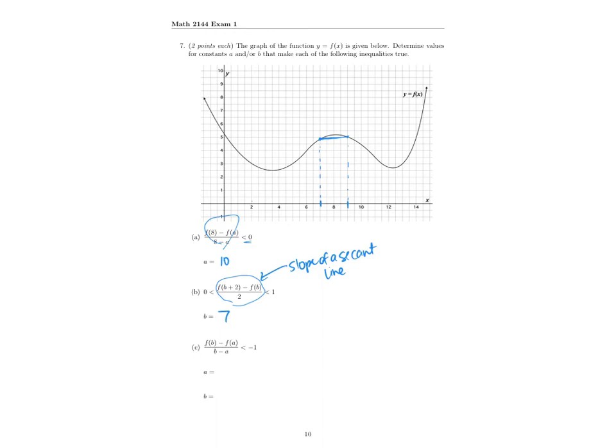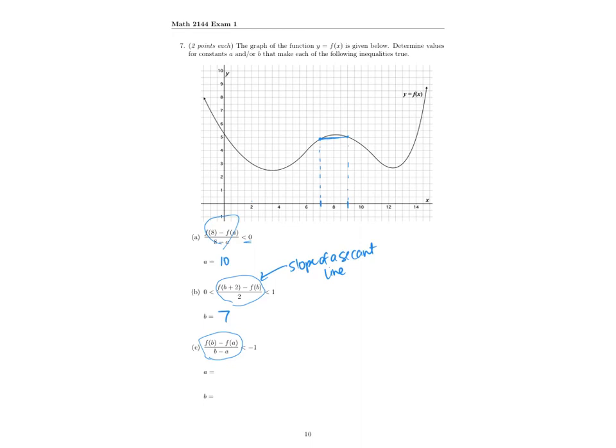Okay, for this one, I want to find two values of a and b such that the slope of the secant line is less than -1. So let's find some places where the slope is negative and less than -1.